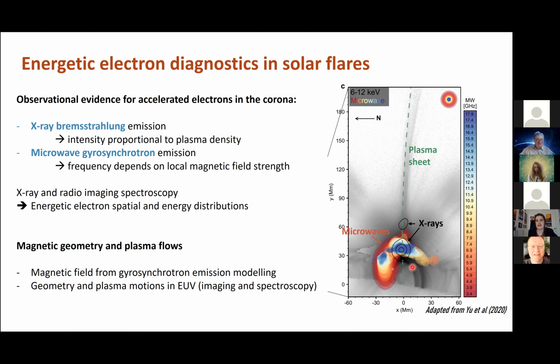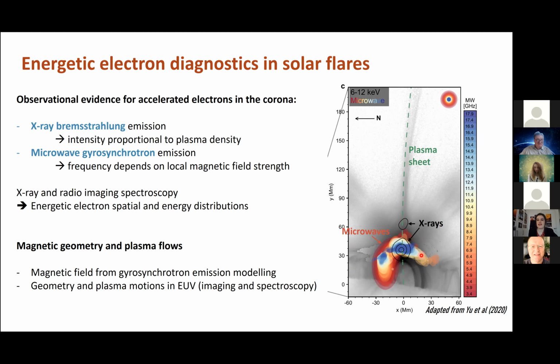The color here is the microwave emission at different frequencies, between 3 and 18 gigahertz. This is gyrosynchrotron emission produced by the electrons as they propagate in the magnetic field. The frequencies depend on the magnetic field strength, the density of the plasma, and the density of the energetic electrons.